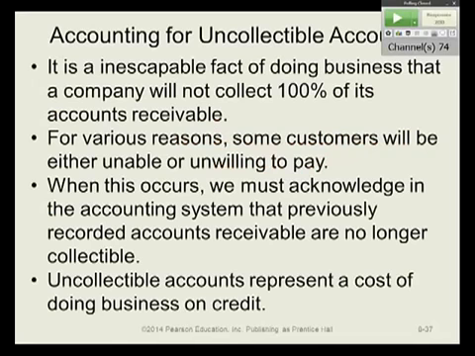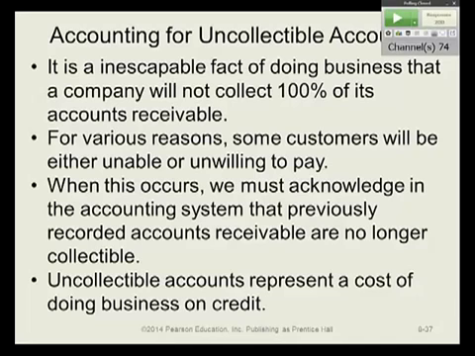So again, we have to think about when the cost of credit is incurred. And I'm going to tell you why this method is not considered GAAP at the outset. It's wrong for a couple of reasons. One, it does not record the bad debt until someone actually cannot pay, which could be a year or 2 years later.